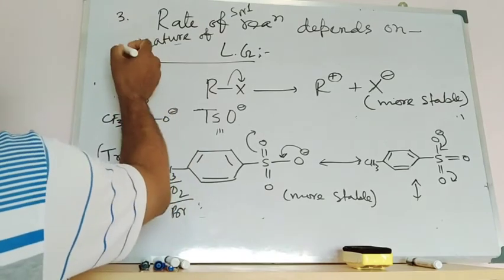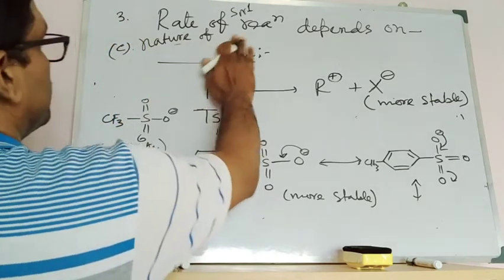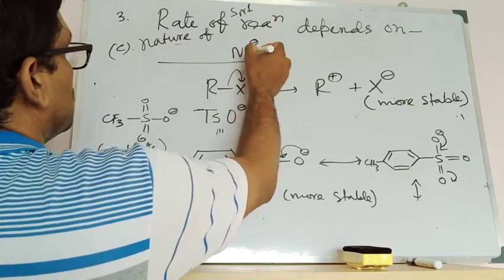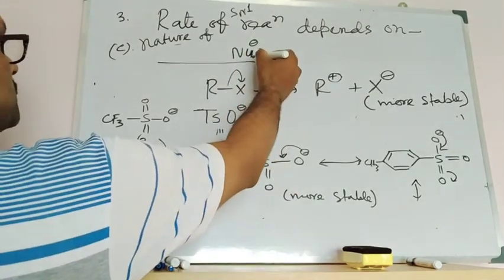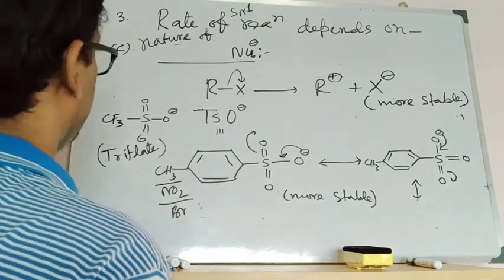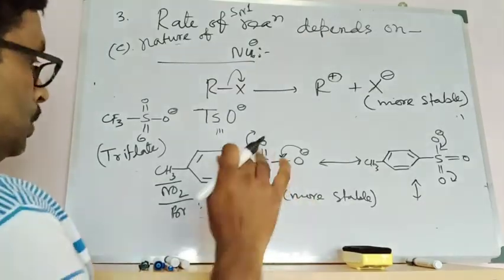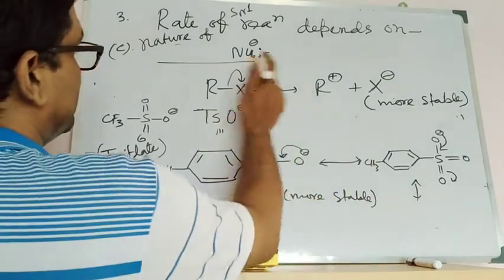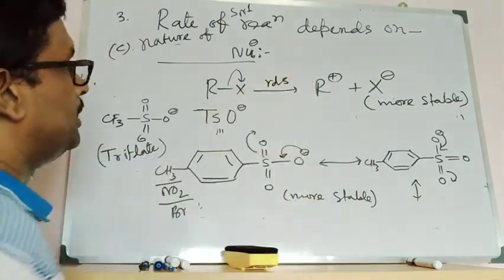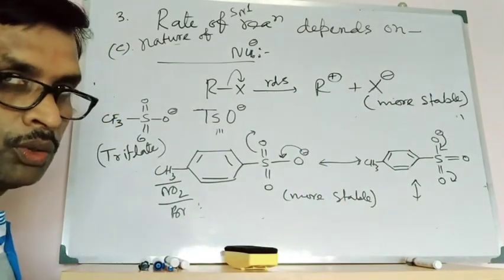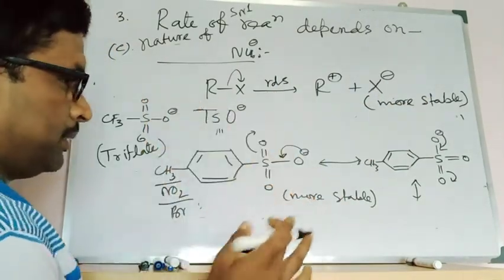Now that is number C, the nature of the nucleophile, Nu minus. So look at this. This one is the RDS. No nucleophile is involved in these cases. Yes or no? No nucleophile is involved in these cases.